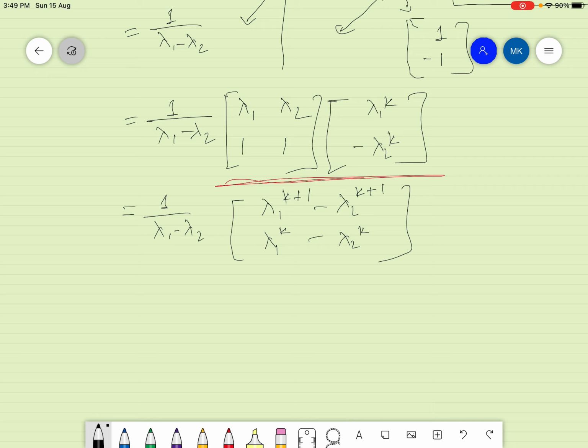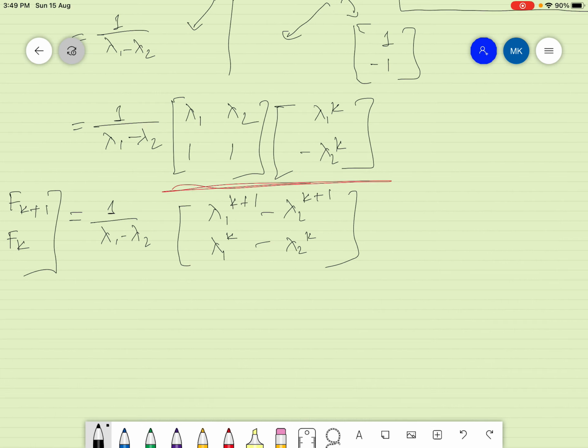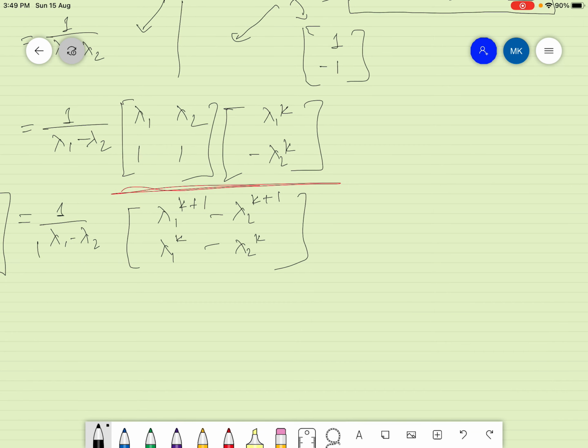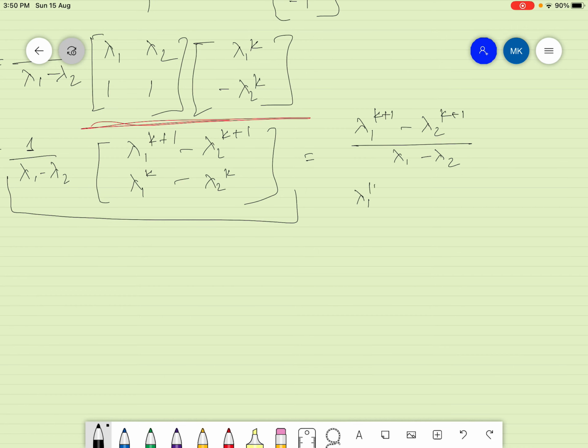So this is f of k plus 1 and f of k. If you compare these two sides, and further simplify these two terms, it would be lambda 1 to the power k plus 1 minus lambda 2 to the power k plus 1 divided by lambda 1 minus lambda 2, and lambda 1 to the power k minus lambda 2 to the power k divided by lambda 1 minus lambda 2.